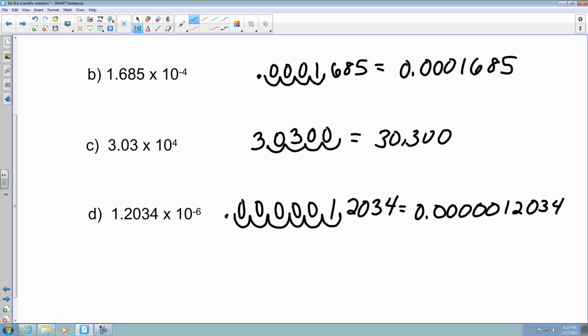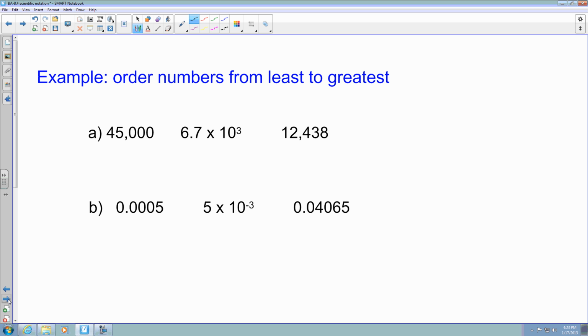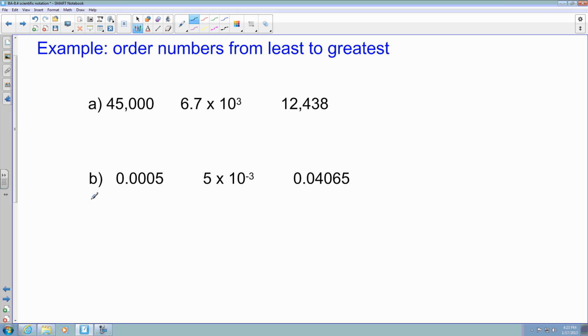It's a really small number. That's why they have scientific notation. It's the ability to easily write really, really big numbers and also really, really small numbers. Some of the things that they're going to ask you to do in your homework is to order numbers from least to greatest.